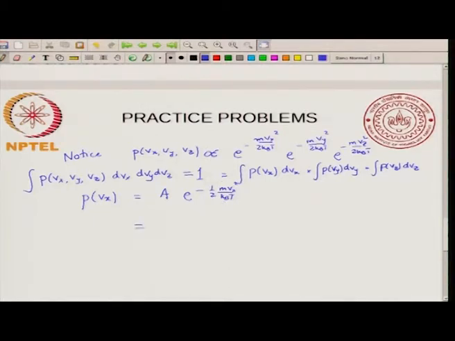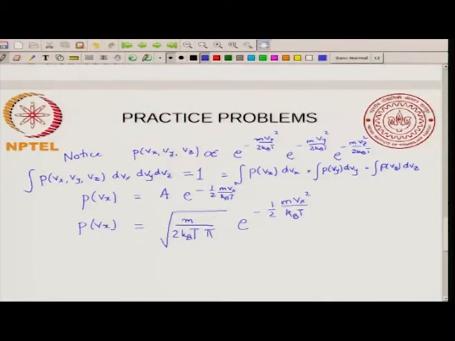So, the normalization constant I can write as the square root of a divided by pi, where a is m divided by 2 kBT. The same normalization constant will apply for Vy and Vz. I will just complete the writing of this quantity. So, this is my normalized P of Vx.